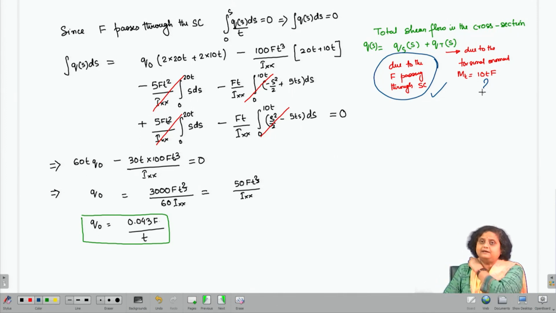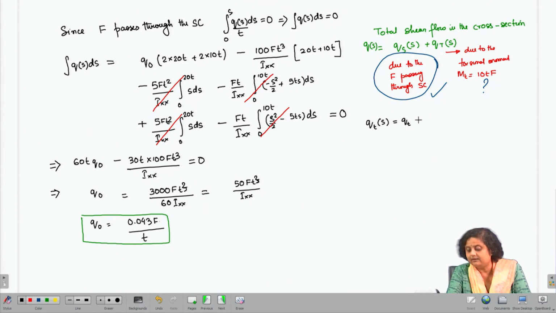Now, we can very easily find out the shear flow in a closed thin wall cross section due to a torsional moment MT. We know very well that QTS is actually QT, because it will not vary with the coordinate S, and can be written as MT by 2A, where MT is given as 10 into FT, by 2 into A, the area 10T into 20T.